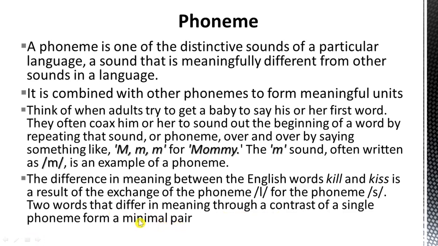The key aspect of a minimal pair is that it has one change in terms of a phoneme, and it is also different in terms of the meaning of the pair. I will discuss minimal pairs in more detail in the coming slides, everyone. So to conclude, a phoneme is a distinctive sound of a language that is meaningful and different from the other sounds in a language.